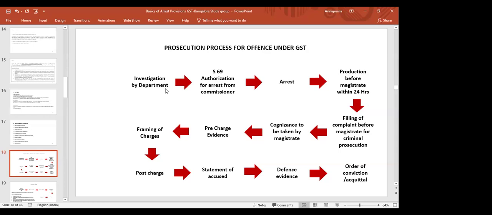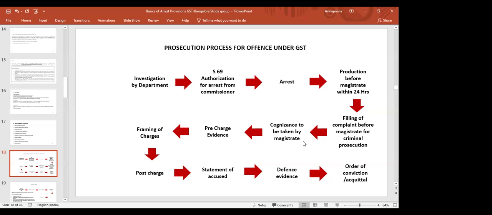Whenever there is an investigation by the department, and they find reason to believe for arrest, they will get authorization for arrest from the commissioner, and then proceed with the arrest. As it is a non-bailable offense, above 5 crores, the person will be produced before the magistrate within 24 hours. Then a complaint is filed before the magistrate for criminal prosecution.